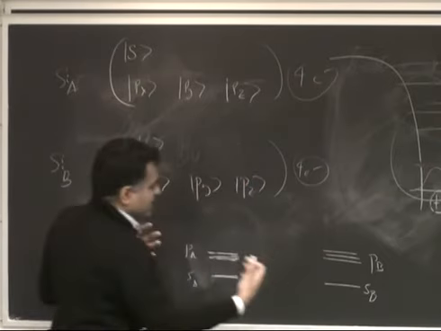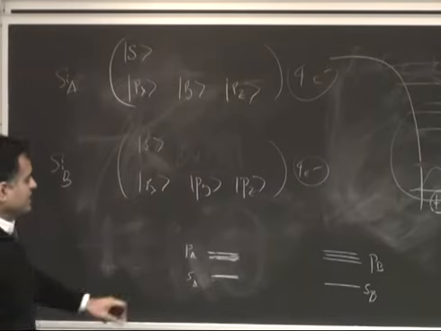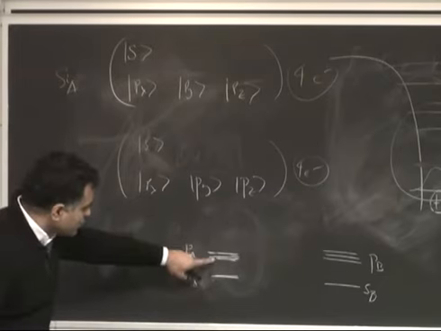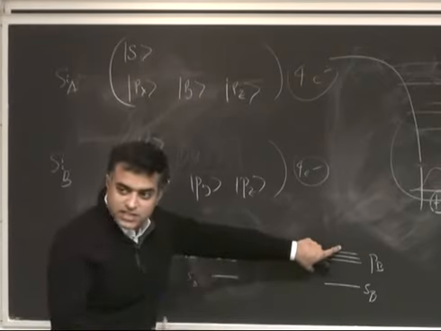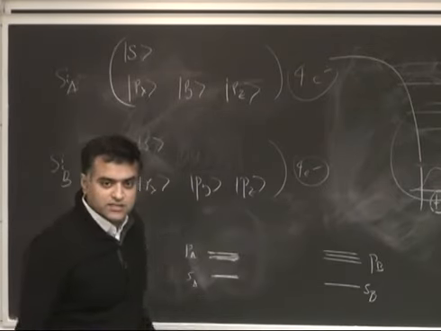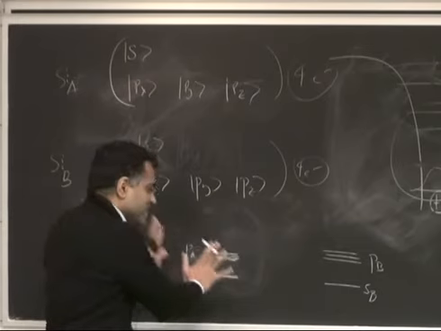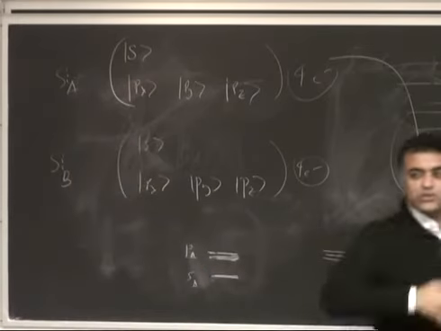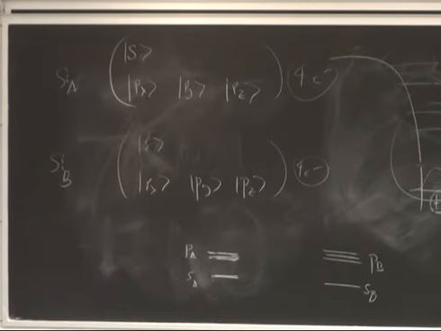When they mix and form the chemical bonds, how many bands will it form? If you had 4 states here and 4 states here, the total is 8. So there will be 8 bands in the end, 8 energy levels. You started with 8 energy levels, you'll end with 8 energy levels. You cannot get one less or one more. As a result, there are 8 energy levels here at any k.